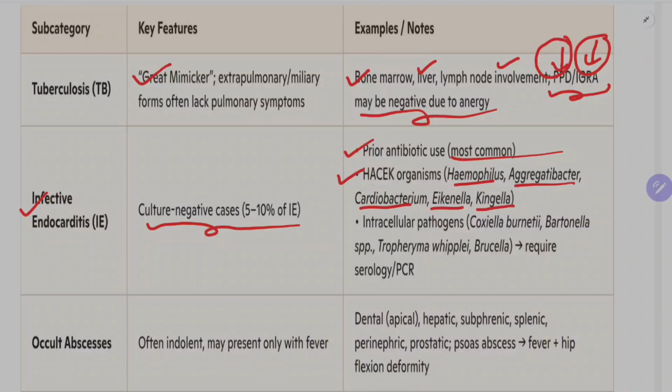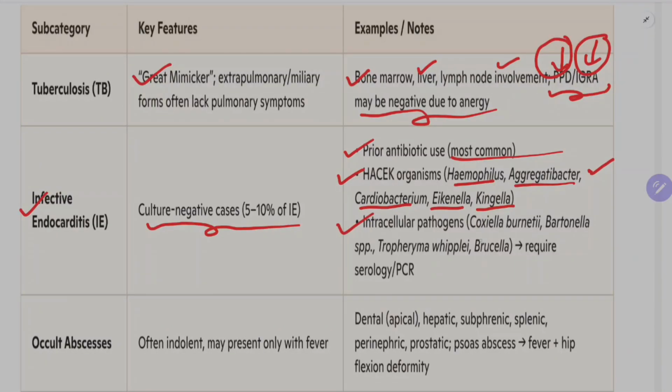That's why these may be the cause of infective endocarditis, and you will not be able to find them from blood cultures. The most common cause is use of antibiotics, because of which you get culture negative infective endocarditis. So what you will do is stop the antibiotics for 24 to 40 hours, and after that take the cultures again. In those cultures you may get positive organisms, or you may not if fastidious, slow growing organisms are present.